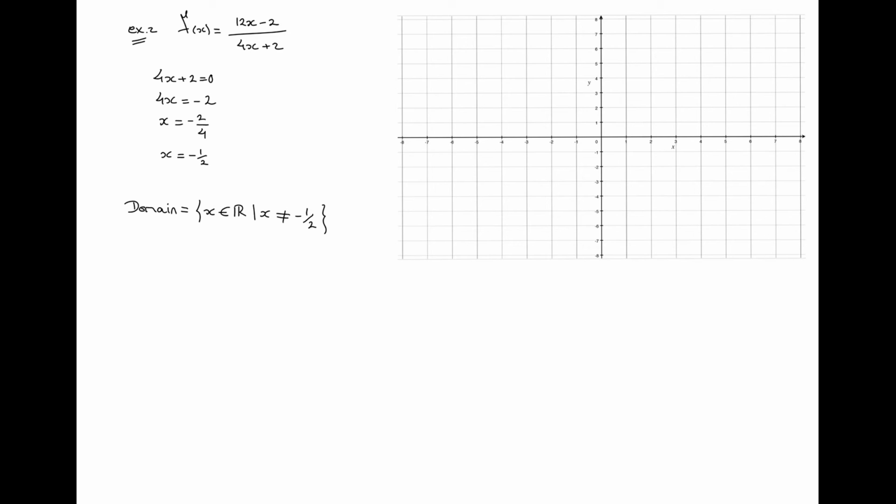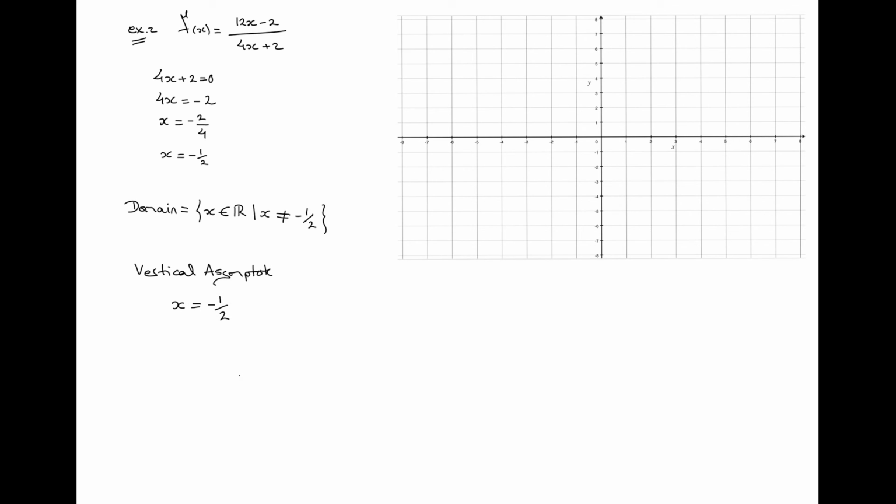And just as in the first example, this leads us to a vertical asymptote, and it has an equation. So vertical asymptote, and its equation is x equals -1/2.